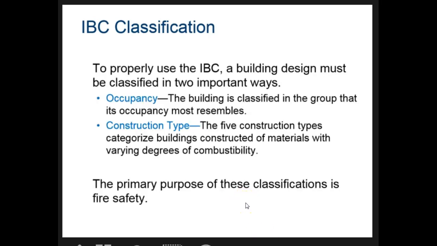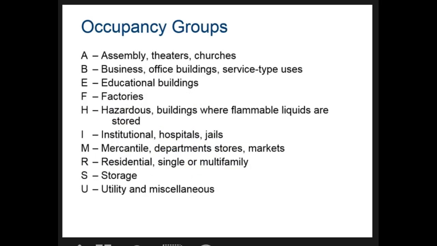A couple of things we look at when we're looking items up on the IBC classification is we have to look at occupancy. We look at how many people are going to be using the building and what they are using the building for. And then there's different kinds of construction that we're going to look at depending on what kind of building we're talking about.